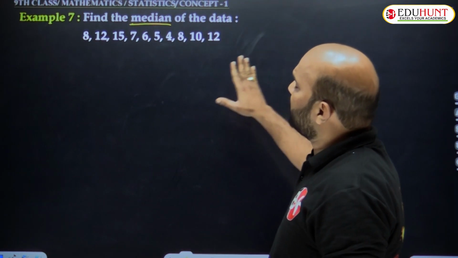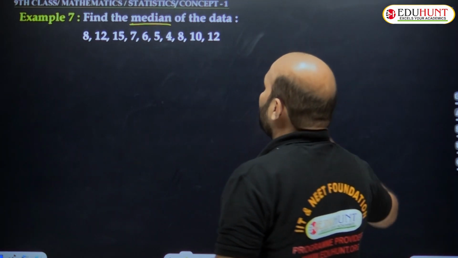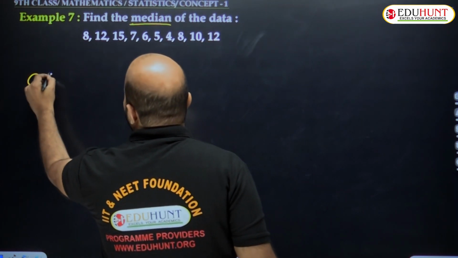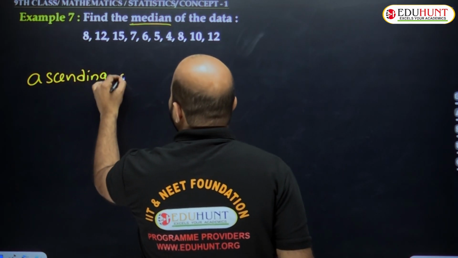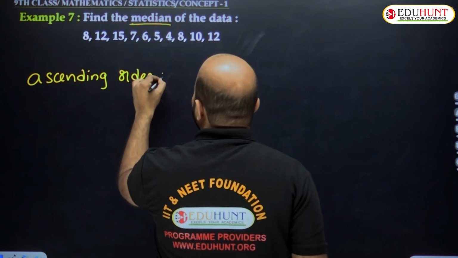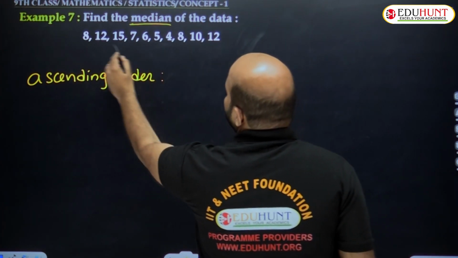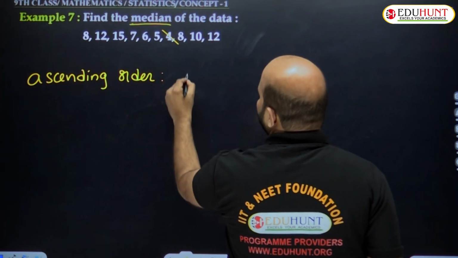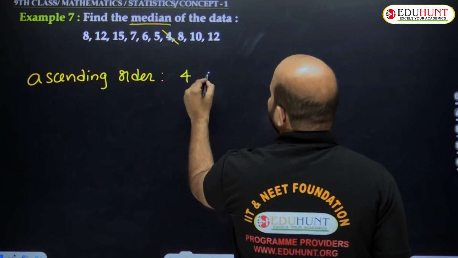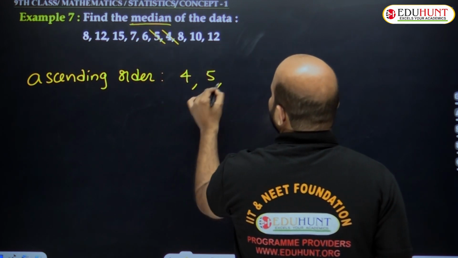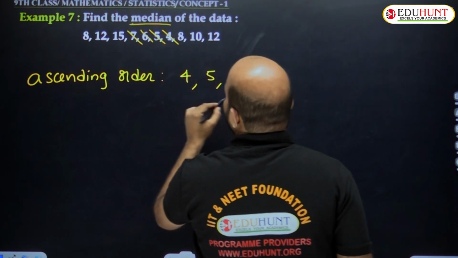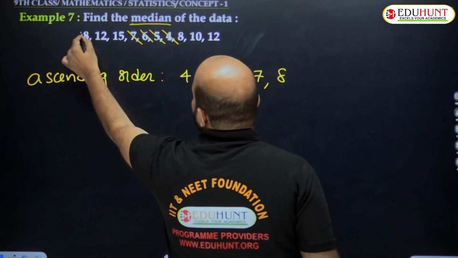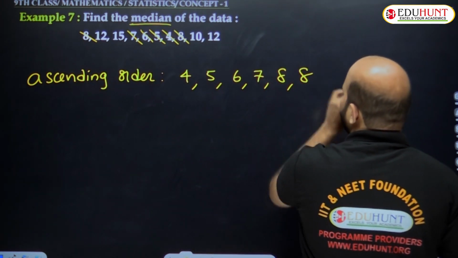So we arrange the data entries in ascending order. Ascending means small to big. What is the smallest here? The smallest value is 4. Next one 5. Next one 6. Next one 7. Next one 8. 8 is given twice, so you can write it two times.